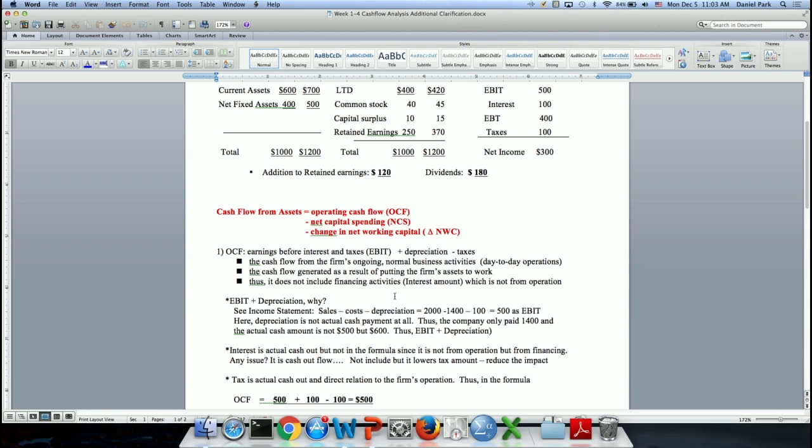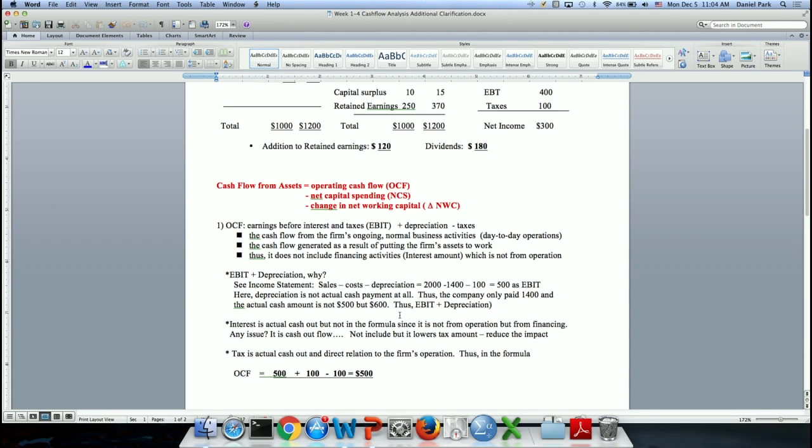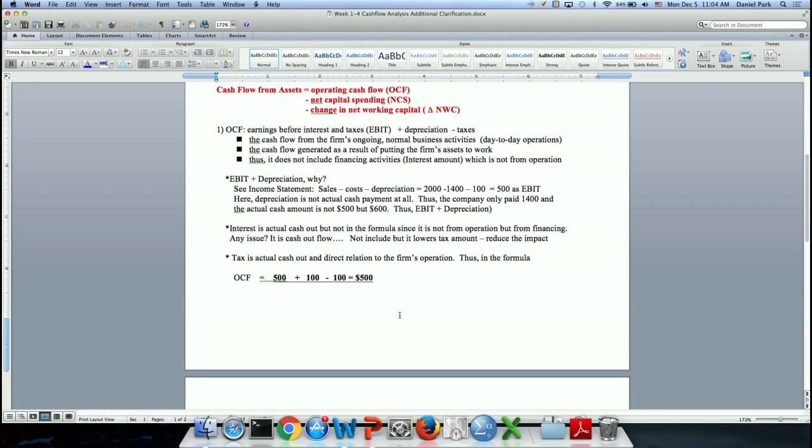So maybe you can develop a better formula than this. Then we're going to use your formula. Anyway, up to now, the OCF formula we use is EBIT plus depreciation minus tax, and we do not include interest because this is not operation basis but a financing activity.